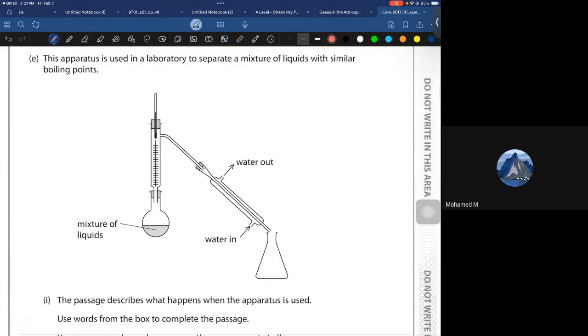See this. The apparatus is used in a laboratory to separate a mixture of liquids by their boiling points. The passage describes what happens when the apparatus is used. Use the words from the box to complete the passage.